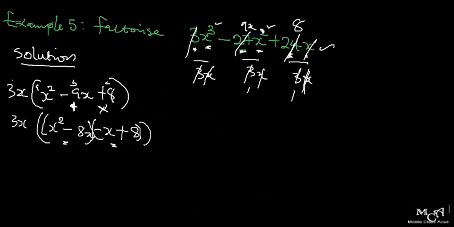In this bracket, what is a common factor? We have x squared and minus 8x, and the common factor is x. If we take out x here, we have x. If we take out x from minus 8x, we are left with minus 8, right? So what is a common factor here? Minus 1. Minus 1 times x will give us minus x. Are you with me?